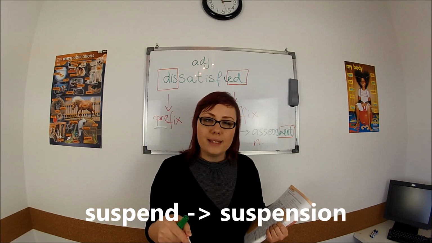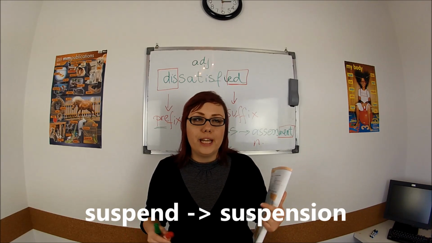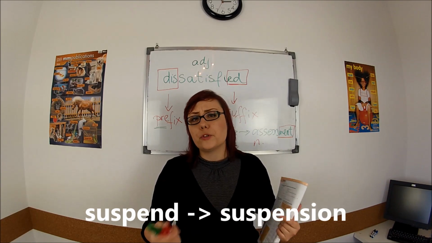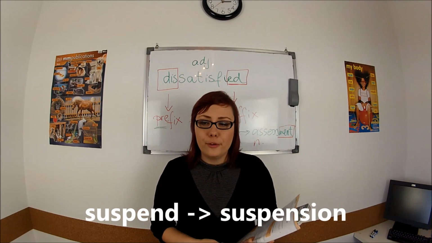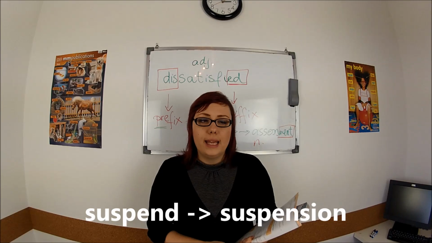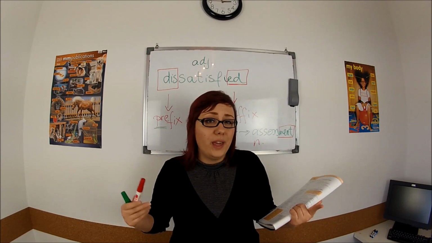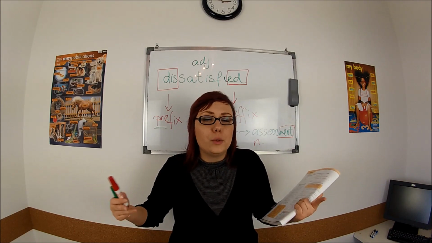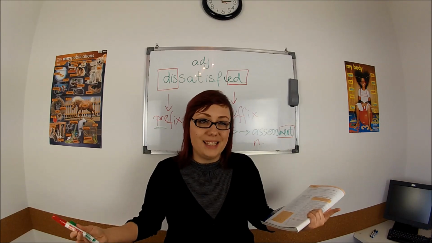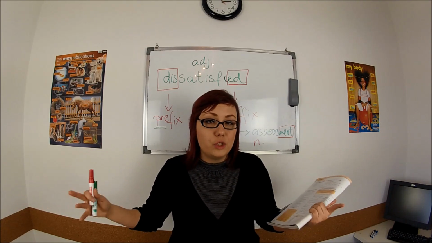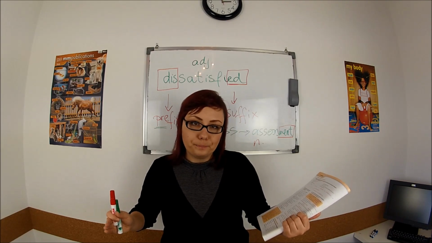Suspend is a verb and suspension is a noun, and it means that, for example, if you're a sportsman or a sportswoman and you take doping drugs, and you get caught, it means that you will be suspended for a short time. So you can't take part in competitions because you are suspended for a short time, not forever.